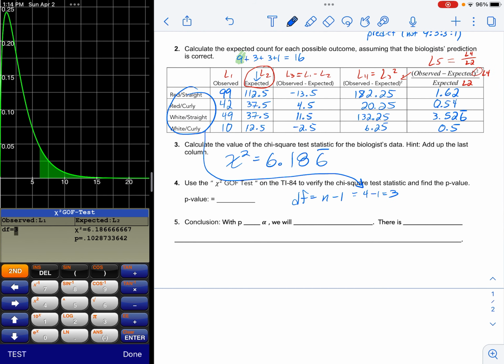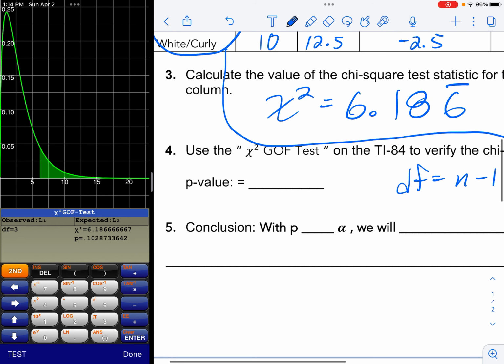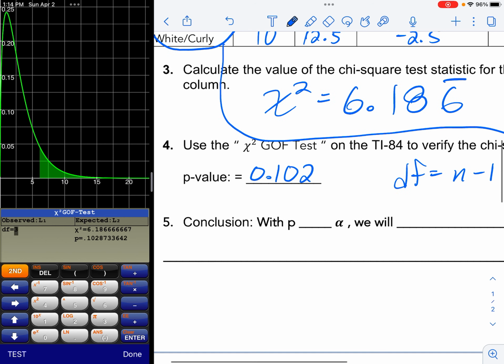So you set that. Then it worked. Then it gave me an actual chi-squared value. You can see it right there on the calculator. It matches what I had here. So that makes me feel good that I didn't screw anything up. And then my p-value, well, this is really, really close to 10%. So it's about 10%, 10.2%.